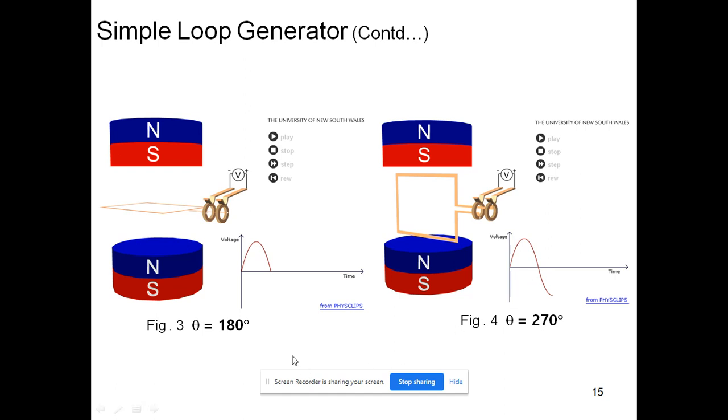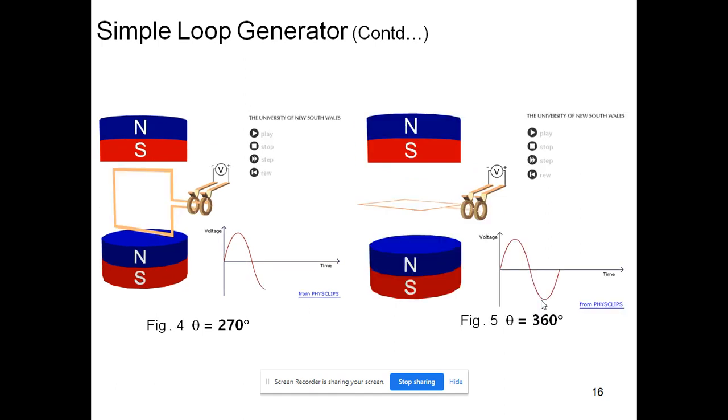On further rotation from theta equal to 180 degrees to theta equal to 270 degrees, the EMF will be maximum, but it will be induced in the negative direction. So in this voltage waveform, we are showing it as negative voltage.